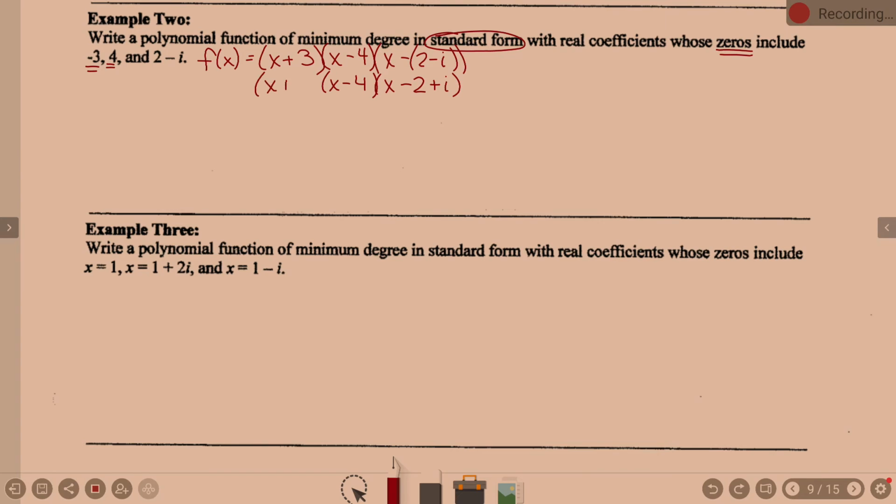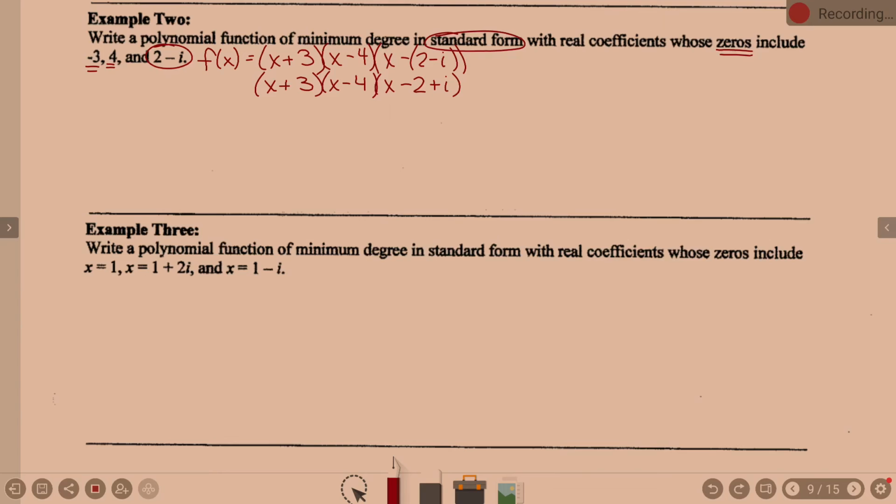Okay, we're not quite ready to head to standard form yet. What else do we have to know? I mentioned this in one of our theorems up at the top of the paper. I said you have to understand this because they're not going to tell you. Conjugate. Complex conjugate theorem: if a plus bi is a 0, then so is its conjugate. Do we have a complex 0? Yeah.